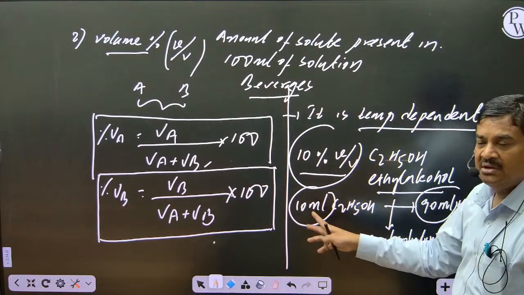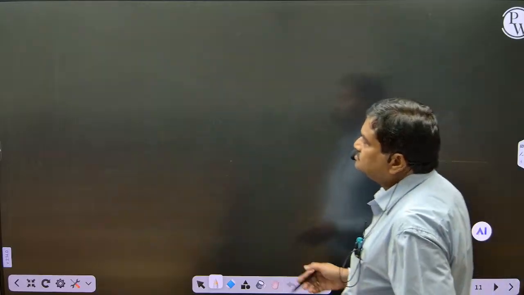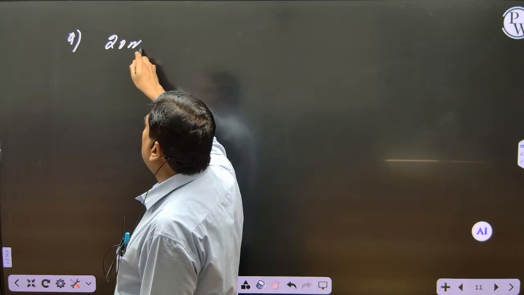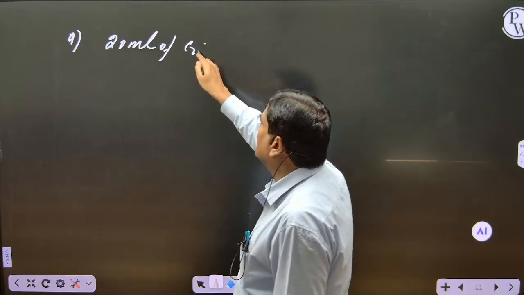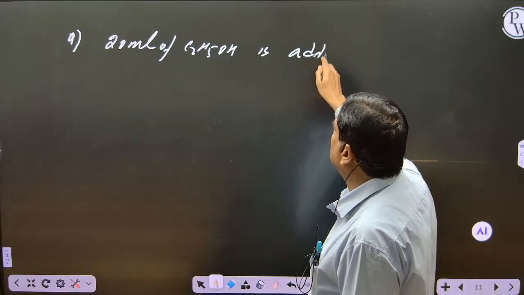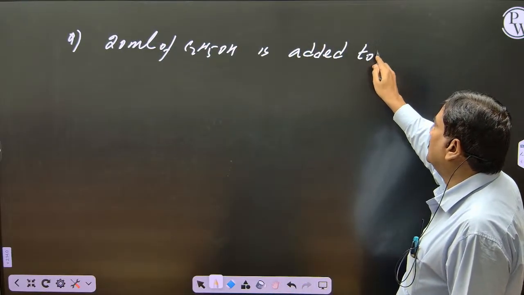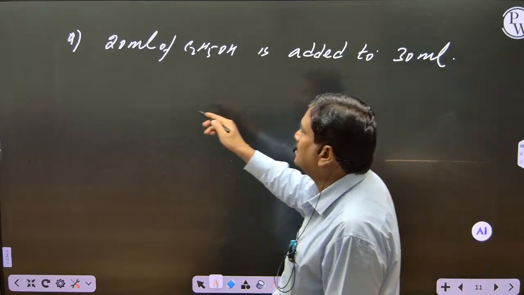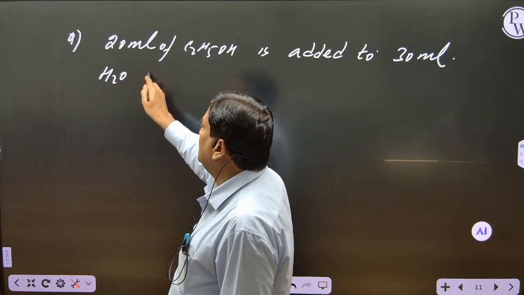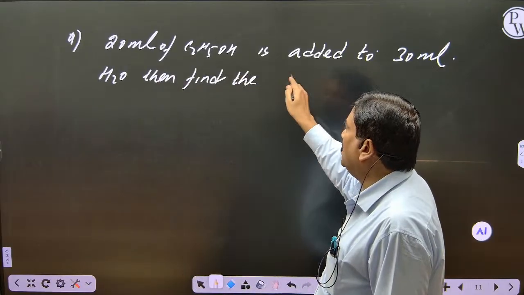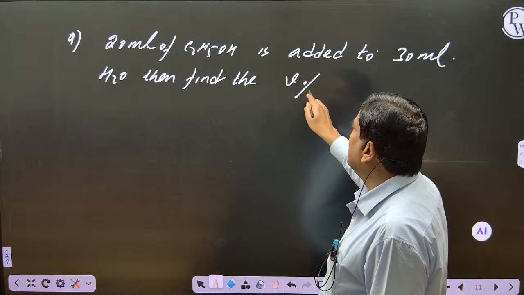Copied all of it? Write one question. 20 ml of ethyl alcohol is added to 30 ml of water. Then find the volume percentage of ethyl alcohol.